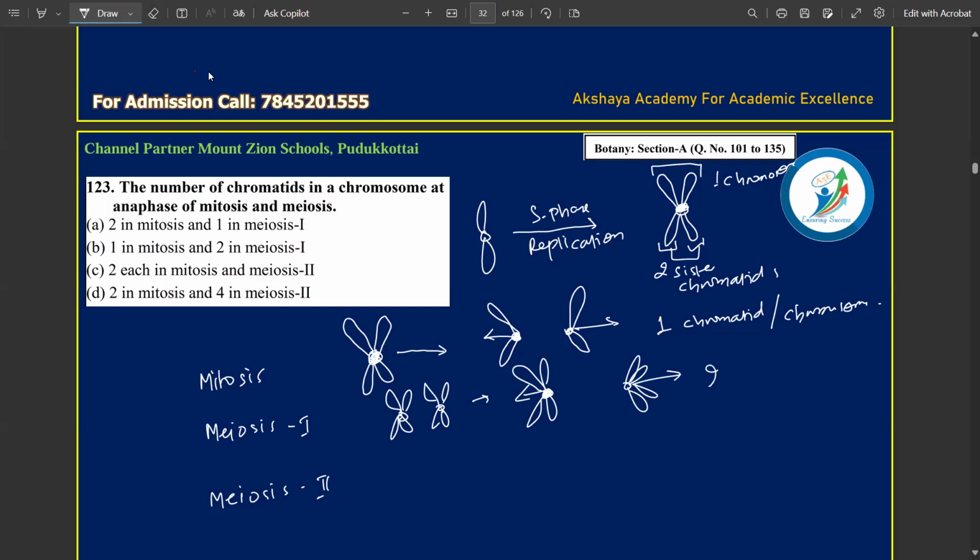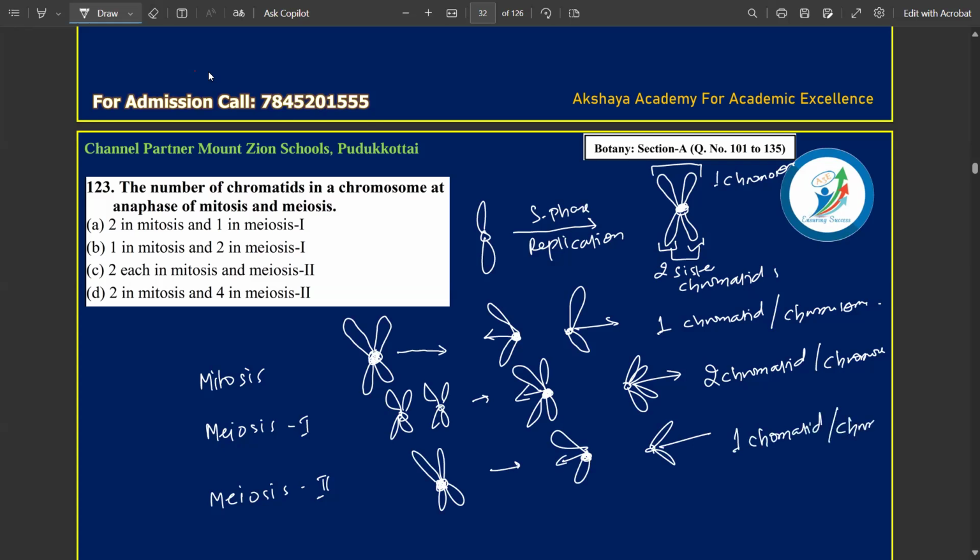So here you can see there are 2 chromatids per chromosome. Then you have meiosis 2. Meiosis 2 is basically a kind of mitosis, but the number of chromosomes is changed. There will be separation of the chromatids, so here you can see there is 1 chromatid per chromosome.